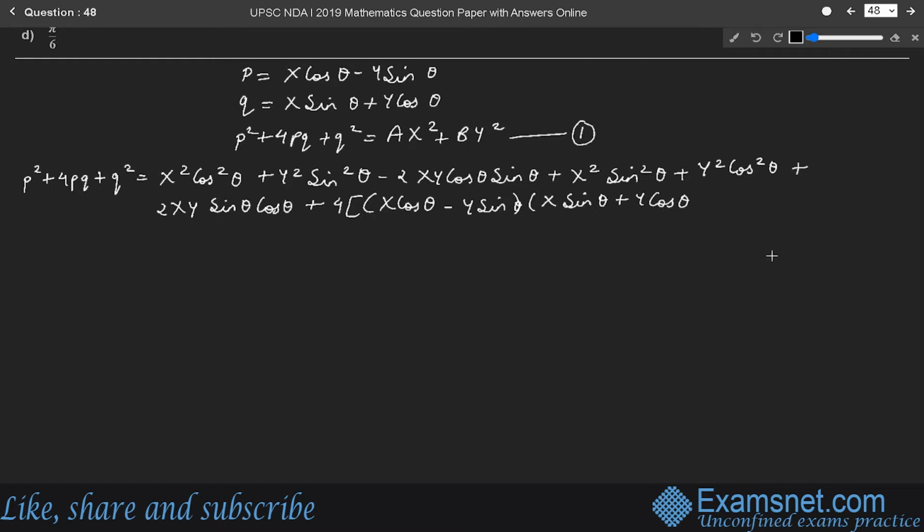We have just put the values according to the conditions which is given in the question.